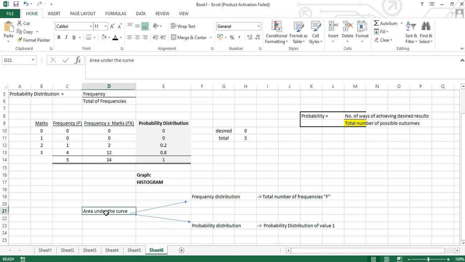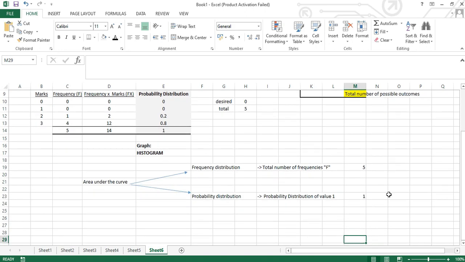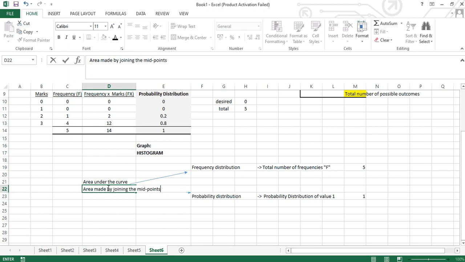But what is the area under the curve under a frequency distribution setup for this question? 5, because the total number of frequencies is 5 in this question, whereas the probability distribution total is 1. Okay. Remember this, they might test it in an MCQ. Also, the area under the graph is the area made by joining the midpoints of the bars.